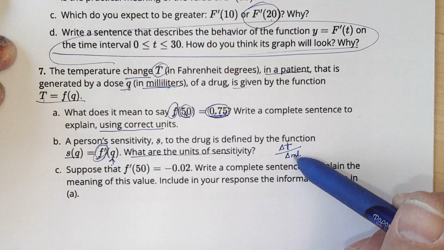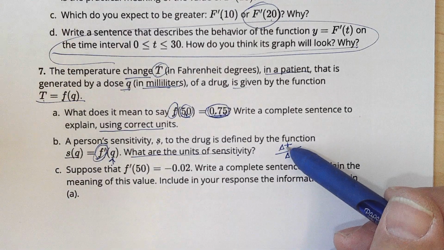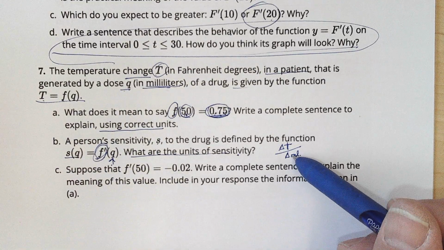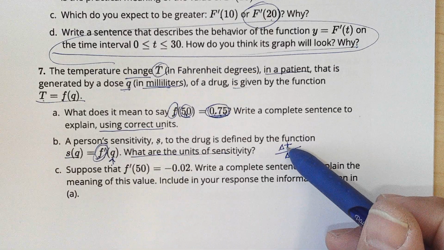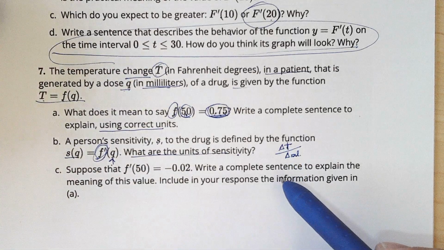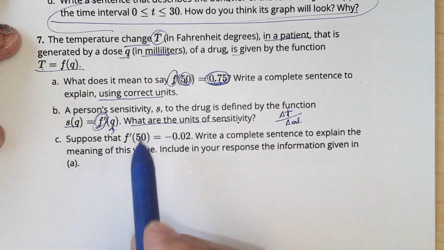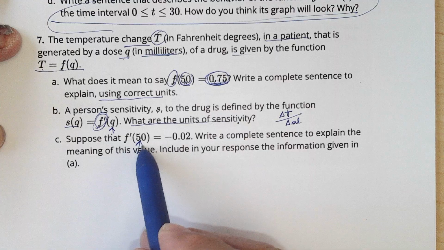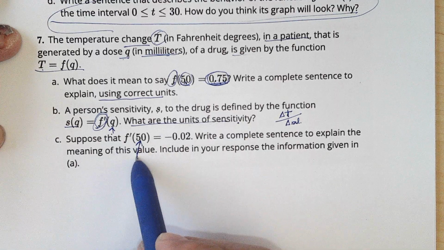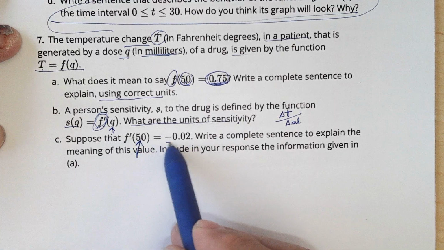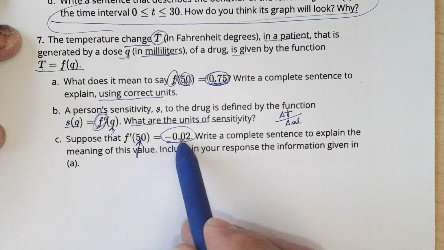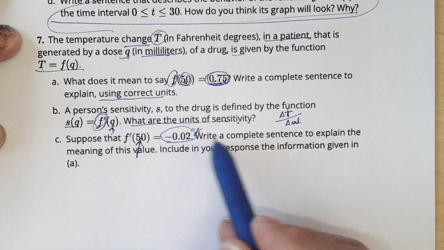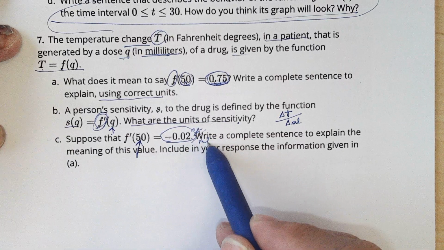Now some people, if you give them a few milliliters, it might cause the temperature to rise a lot, and some people you give them some milliliters, and the rise in the temperature might not be as much. So here it's saying when you're giving a dose of 50, the rate of change per milliliter is 0.02 degrees Fahrenheit per milliliter.